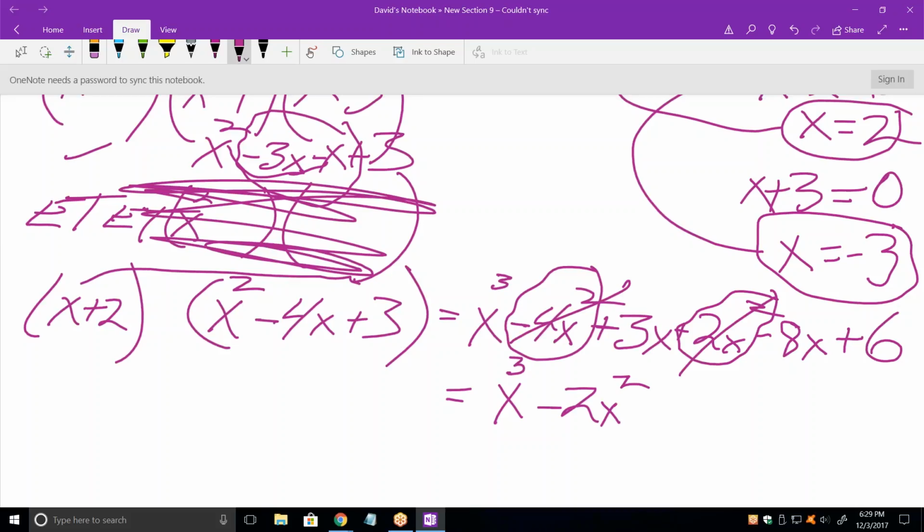Now let's deal with the x's. How many x's do we have net? 3x and negative 8x. Combine them. Negative 5x. And we still have this plus 6 over here.